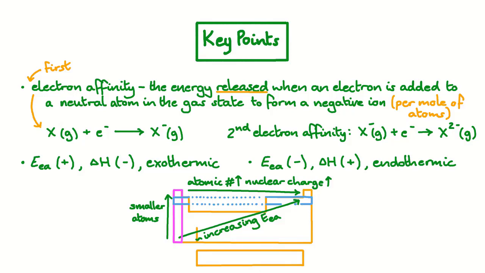This contracts the electron shell and allows the incoming electron to get closer, being more attracted to the nucleus. Bear in mind that often we ignore the noble gases when discussing these trends, because noble gases have atoms with full valence shells. They're extremely stable, and adding an electron will always be endothermic.